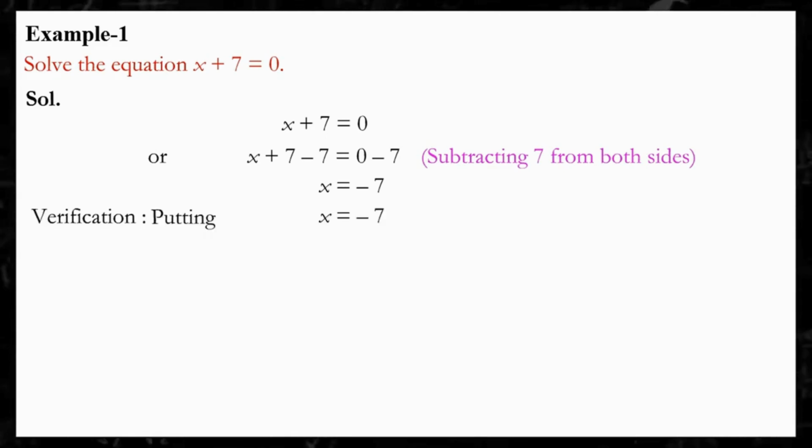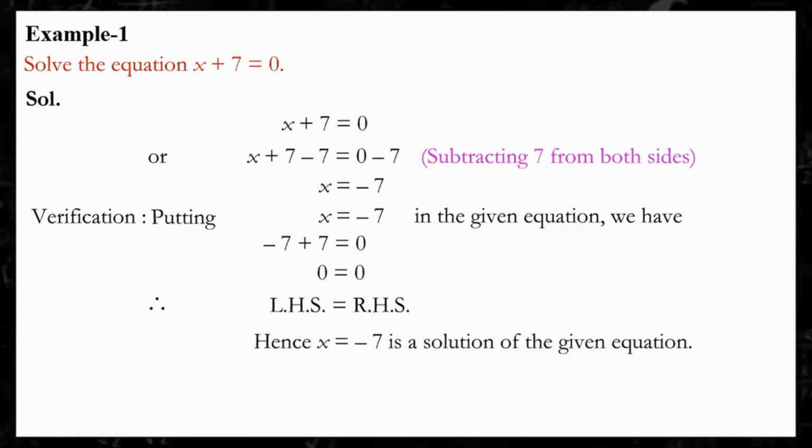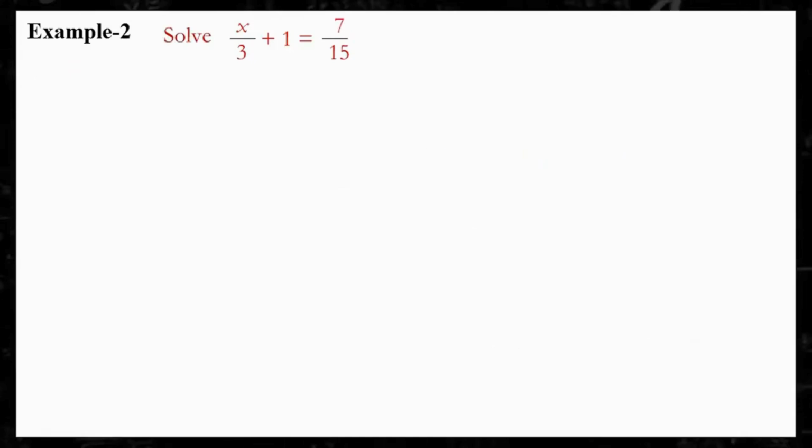Verification: putting x is equal to minus 7 in the given equation, we have minus 7 plus 7 is equal to 0, 0 is equal to 0. Therefore, LHS is equal to RHS. Hence, x is equal to minus 7 is a solution of the given equation.